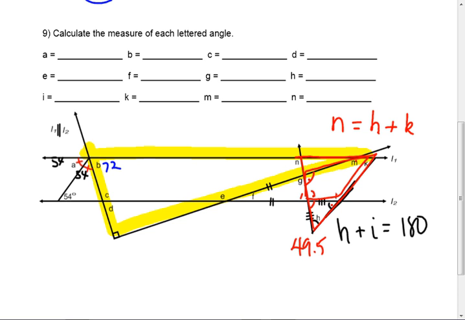Is B 72? Should be 72. How big is C? C is 108. D is same as B, 72. Then this is 18.